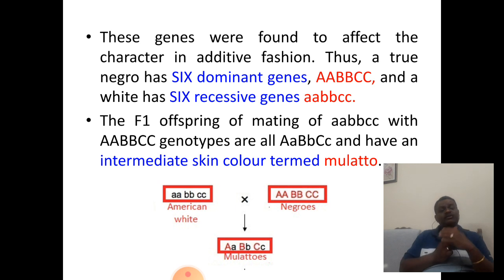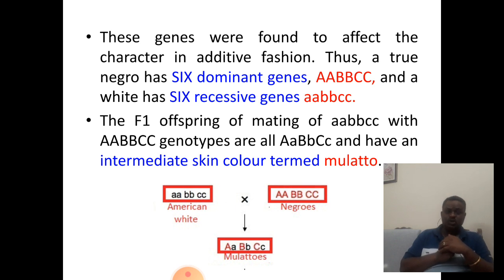So alleles of dominant and recessive are equal. When 3 dominant alleles are seen, the color of the skin is said to be intermediate, and it is also termed as mulatto. So mulatto color is the intermediate skin color, which is seen when 3 dominant alleles are there in the individual.